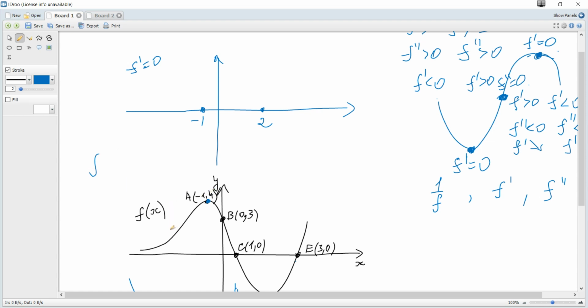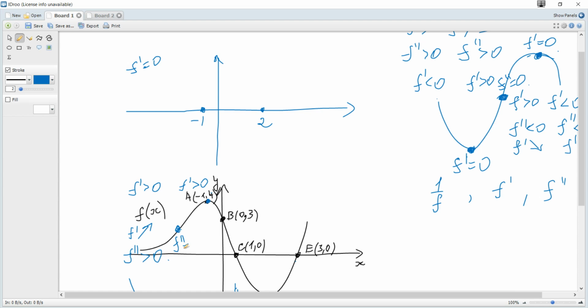So where the second derivative is equal to 0, it means the first derivative has a maximum or minimum, a horizontal tangent. It will be a stationary point for the first derivative, and also it's an increasing function, and since it's an increasing function, the first derivative is positive. So the first derivative is positive, and it's concave up, so the first derivative is an increasing function, or the second derivative is positive.